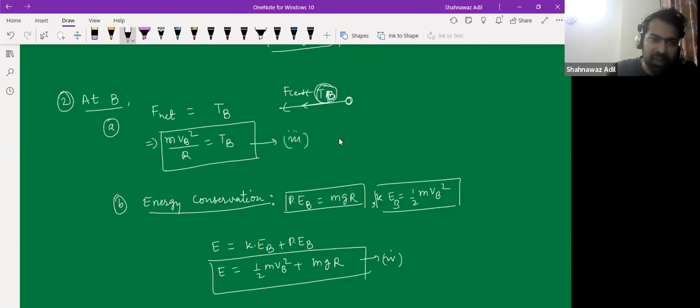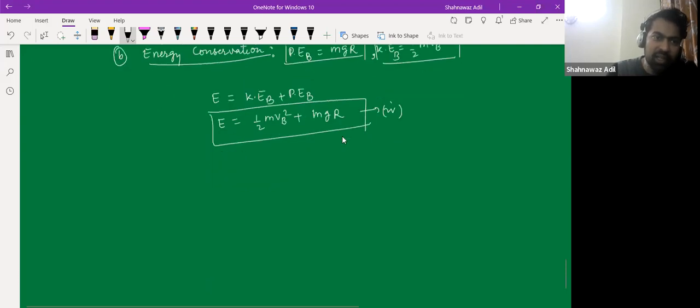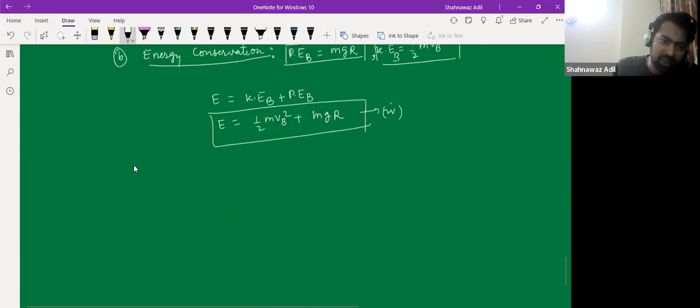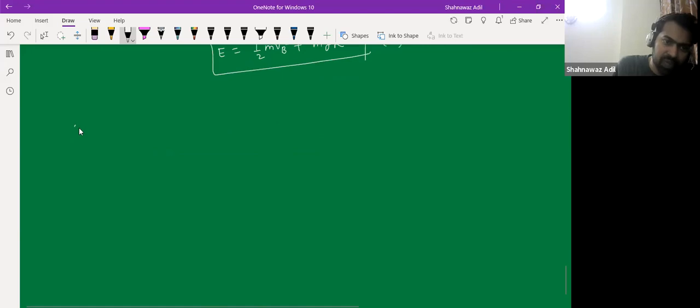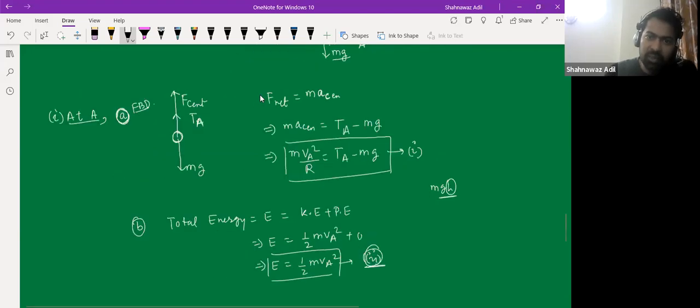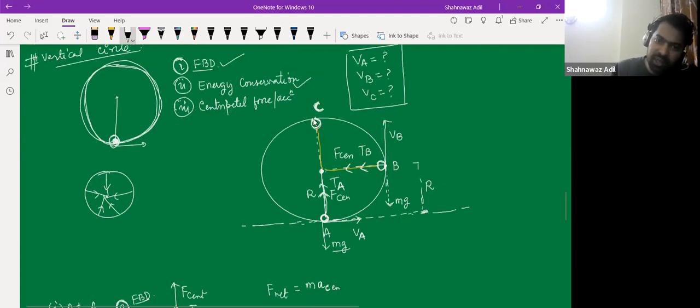right? Now at this third point, the minimum, because this is at the vertical position, right? So minimum tension would be zero at this point. So there is no tension in the downward direction, right?